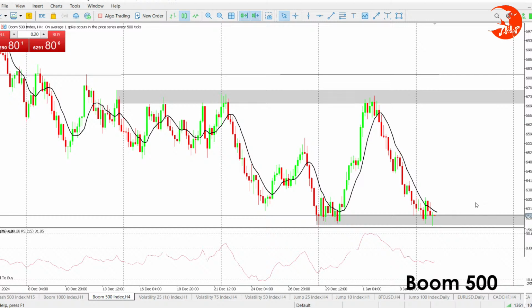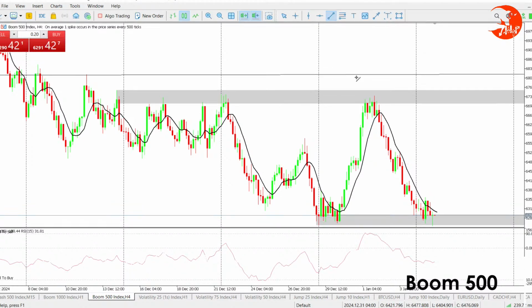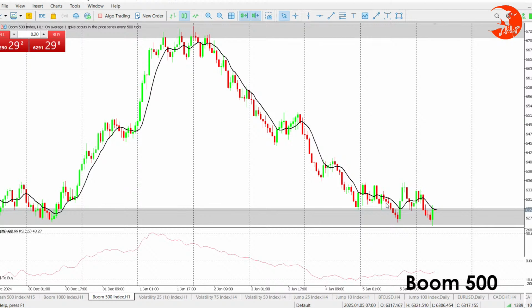Now on H4 we're supposed to be selling according to what we see, but we've reached a support level right there, and clearly those who understand double bottoms, you can clearly see that this is like a double bottom right there according to H4, and we can confirm that on H1 if it is oversold.